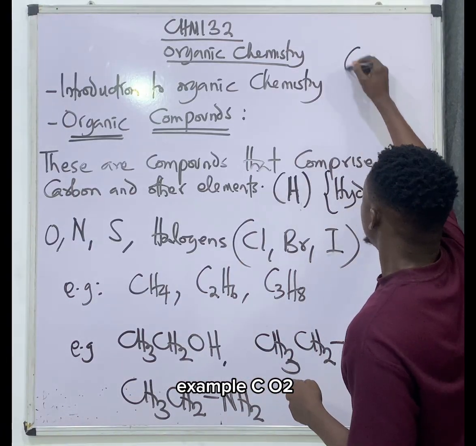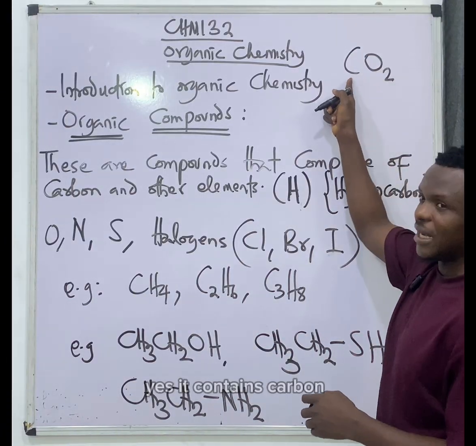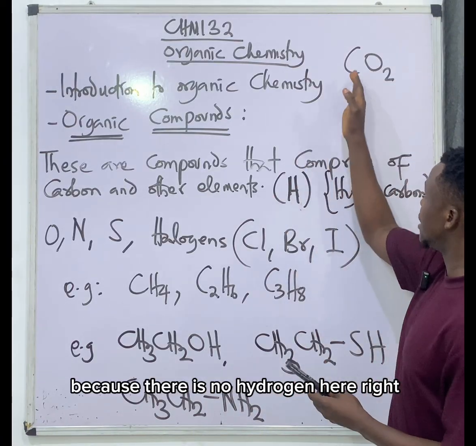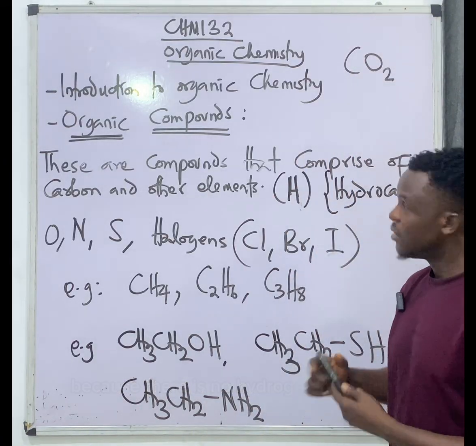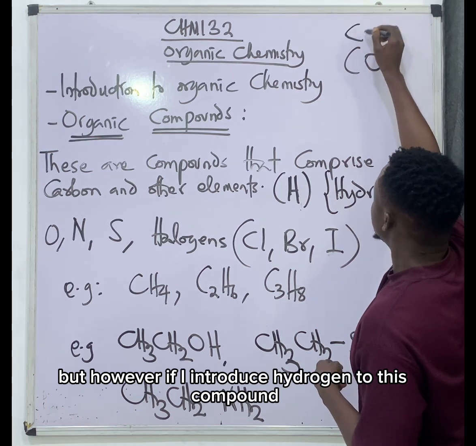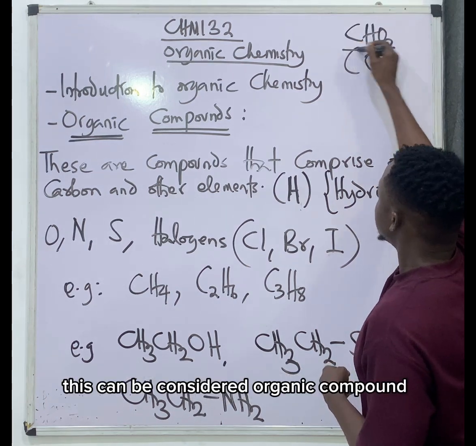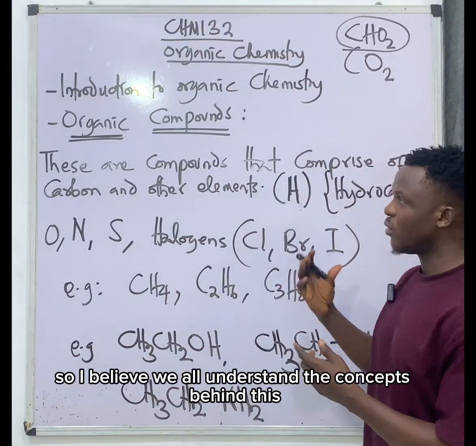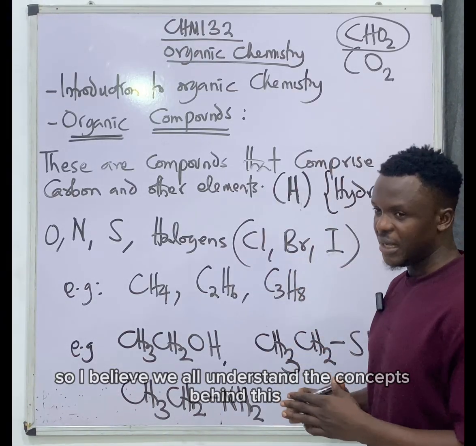Example, CO2. Yes, it contains carbon, but CO2 is not considered organic. Why? Because there is no hydrogen here, right? But however, if I introduce hydrogen to this compound, this can be considered an organic compound. So I believe we all understand the concepts behind this.